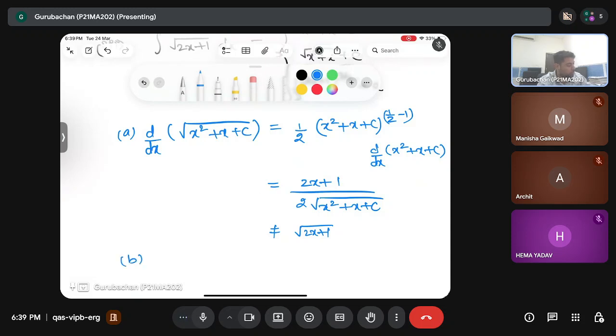What about the second one? Second one is d by dx of x square plus x plus c.